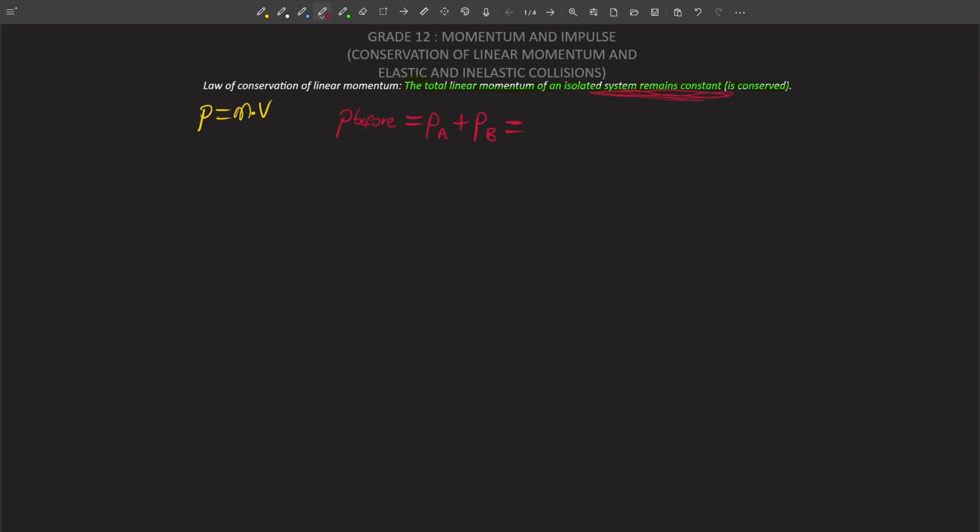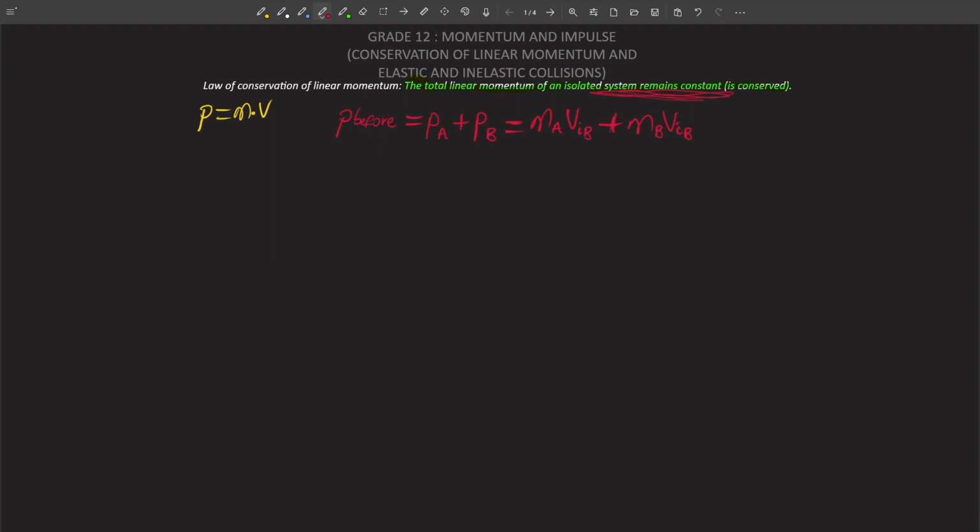You just have to distribute, which is the mass of object A times the initial velocity of object A, plus the mass of object B times the initial velocity of object B.